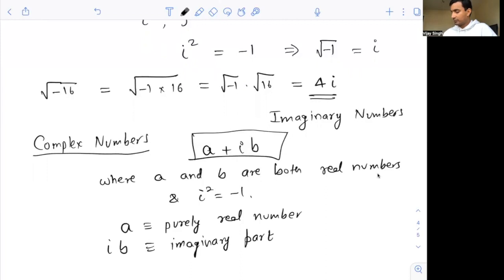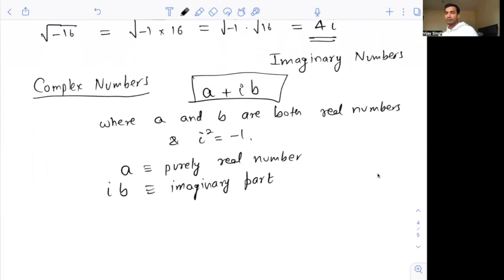So every complex number has two parts, the real part and the imaginary part. The real part is the first part, it doesn't have any i, and the imaginary part has i multiplied by a real number.